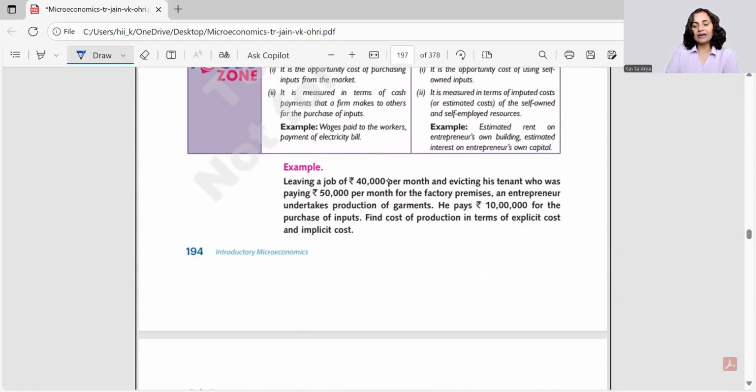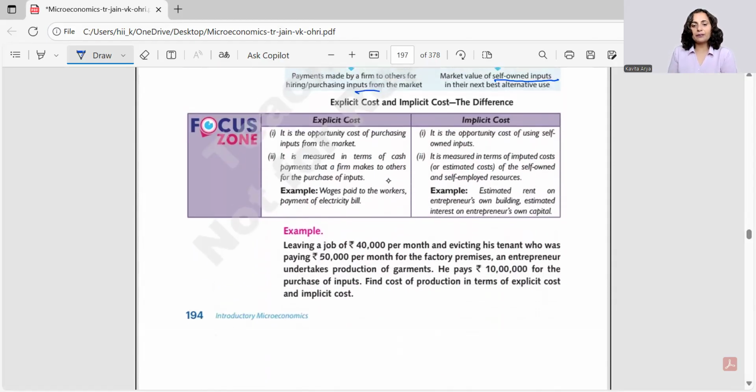And yeah, this example would make things very clear. Leaving a job of 40,000 a month and evicting his tenant who was paying 50,000 a month for the factory premises, an entrepreneur undertakes the production of garments and he pays 10 lakhs for the purchase of inputs.